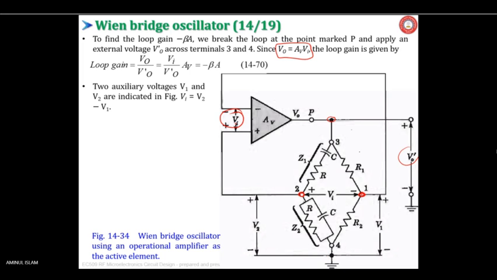So the difference between these is VI. As given here, VI equals V2 minus V1, and we can write the loop gain of this as VO by VO prime.